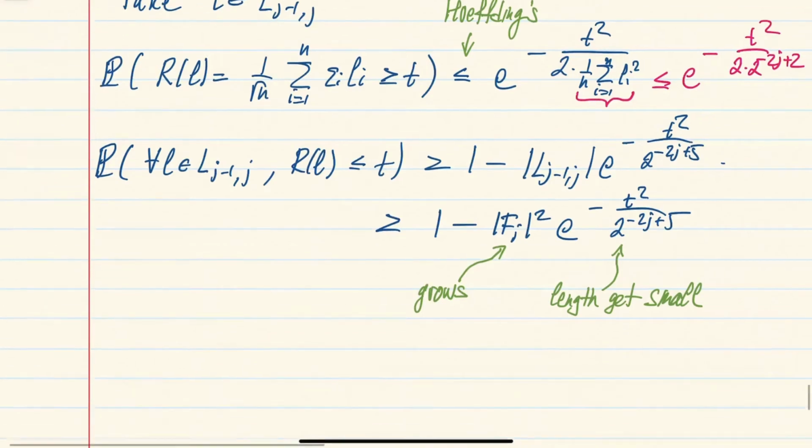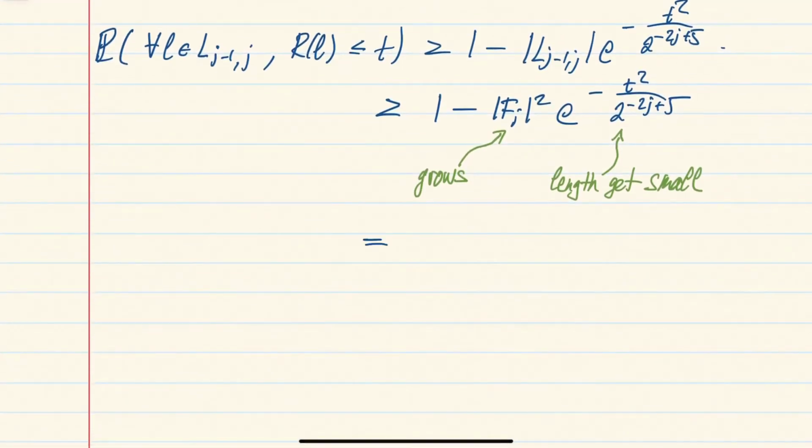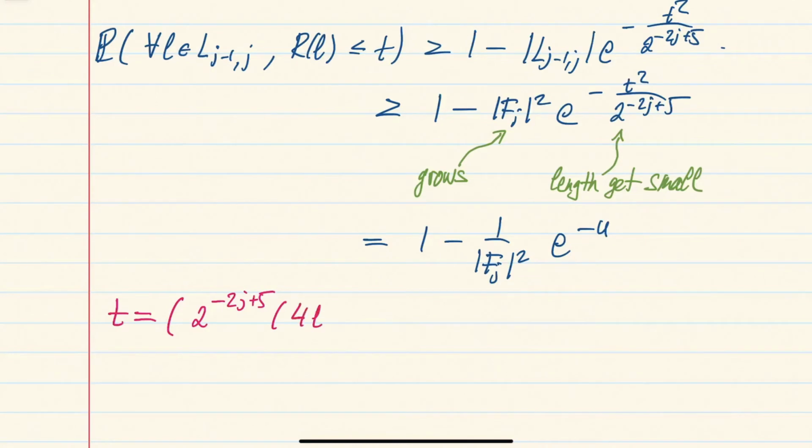What we are going to do next is make a change of variable so that the quantity above is 1 minus 1 over this cardinality squared times e to the minus u. In other words, if you solve for t in terms of u, we take t to be the square root of 2 to the minus 2j plus 5, times 4 times the log of the cardinality of F_j plus u.